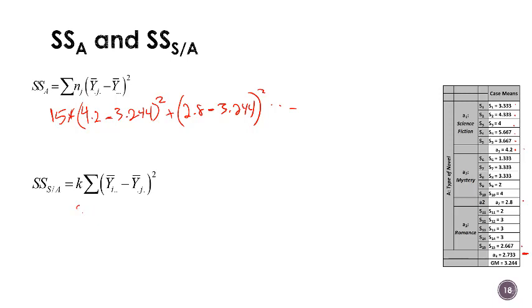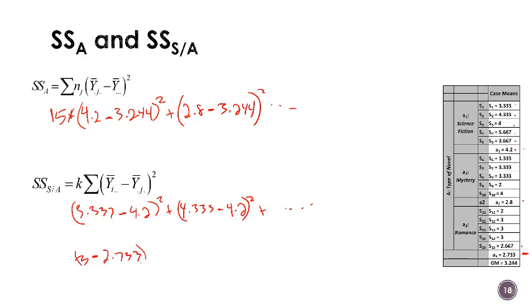I'm talking about doing 3.333 minus 4.2 squared plus 4.333 minus 4.2 squared, etc., all the way down to like 3 minus 2.733 squared plus 2.667 minus, the wrong mean, minus 2.7733 squared equals.